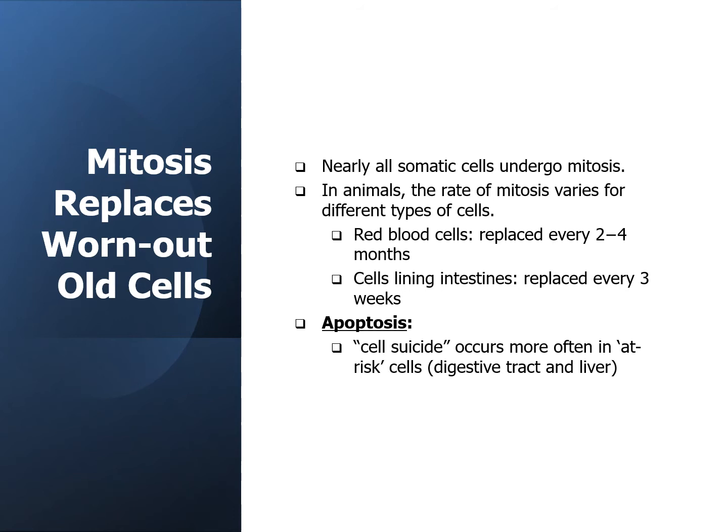This term coming up, apoptosis, is cell suicide. What this means is that cells that accumulate a significant amount of genetic damage, which could potentially lead to cancer, are known as at-risk cells, and they are going to be planned to go through cell death.